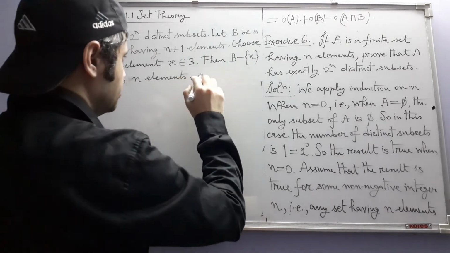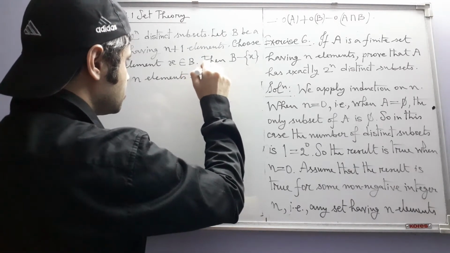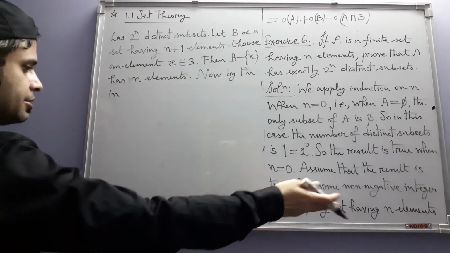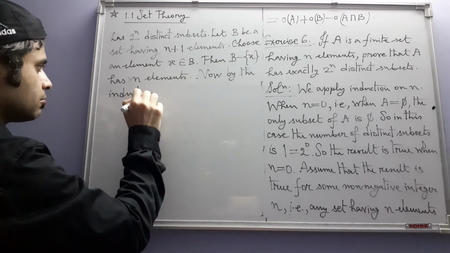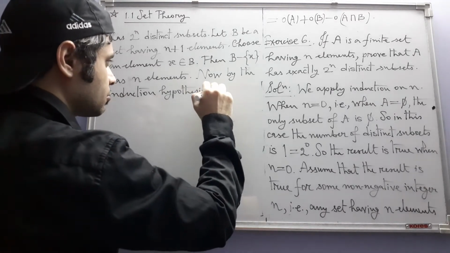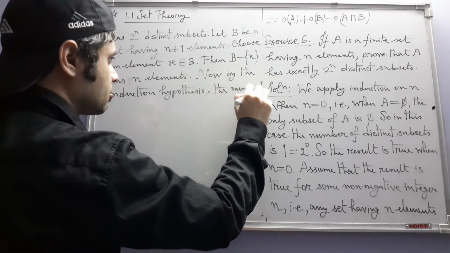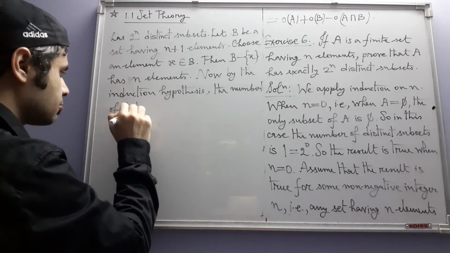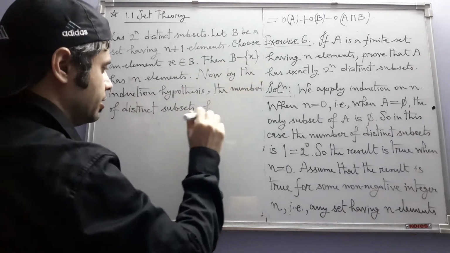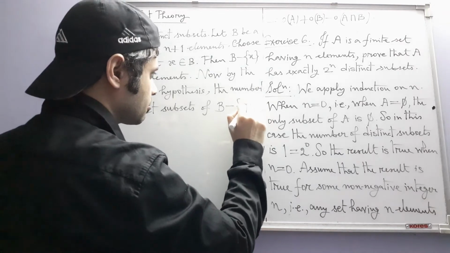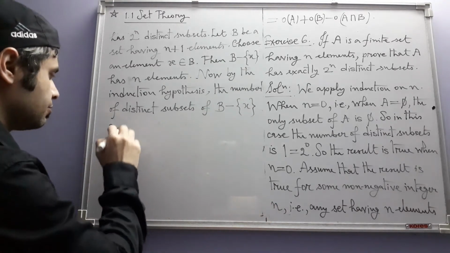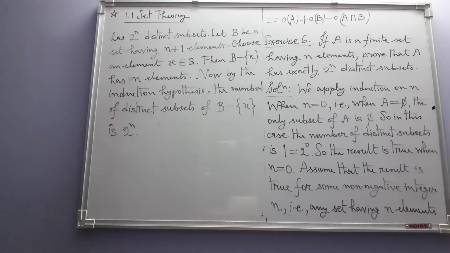Now by the induction hypothesis, that means this assumption, the number of distinct subsets of this set is, since it has n elements, according to our assumption it will have 2 to the power n distinct subsets.